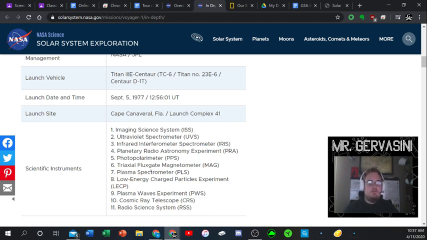Has a plasma spectrometer. I'm going to have you guys try and make a homemade spectrometer after this assignment. Analyze light from other stars and other sources. Charged particle measurement, plasma waves experiment, cosmic ray telescope, radio science system.